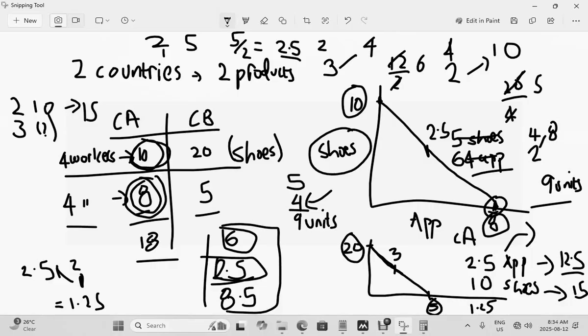So 15 shoes, which means a total of 16.25 in terms of units.